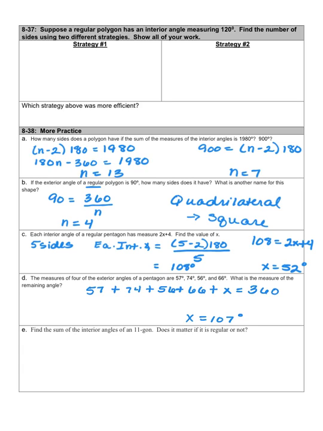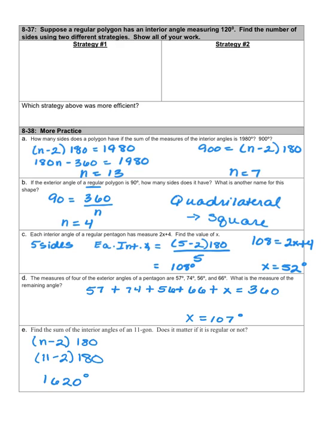For part E, it wants us to find the sum of the interior angles of an 11-gon. And of course, our formula for finding the sum of the interior angles is n minus 2 times 180. 11 minus 2 times 180. That sum is 1,620 degrees.